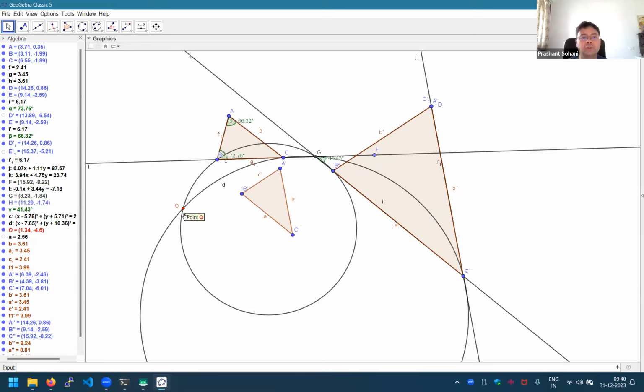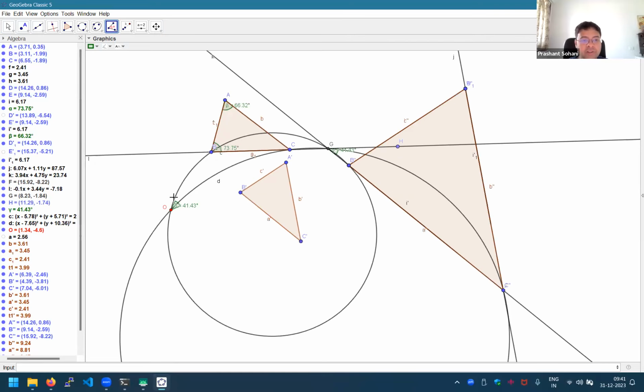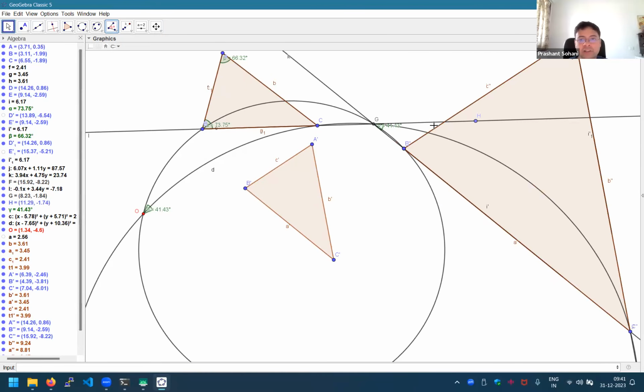And that will also pass through point O and give the same angle gamma. Right? If I just mark it over here. Yeah, you have to be careful about the order. Okay, so this angle is, again, if you look at it, this is 41.43 degrees, which is the same as the gamma which we measured earlier.